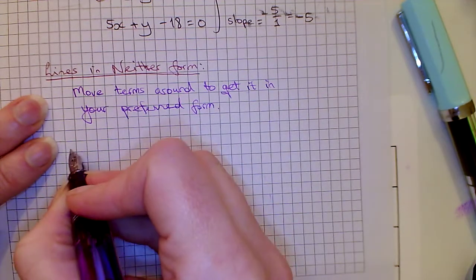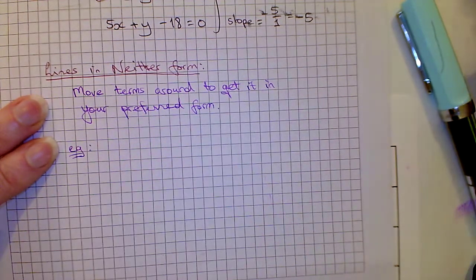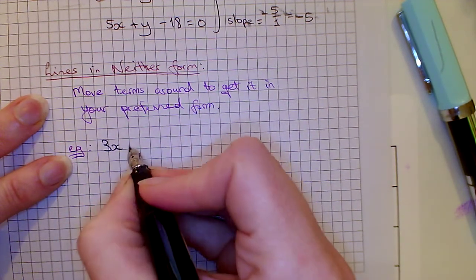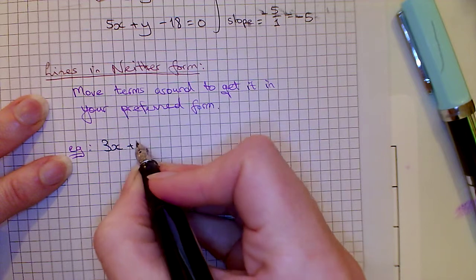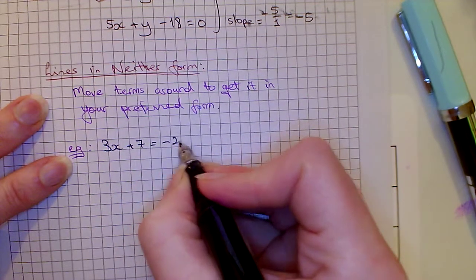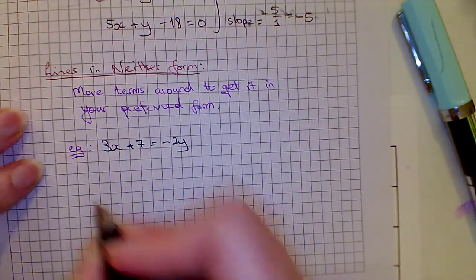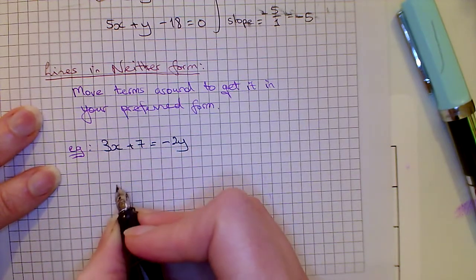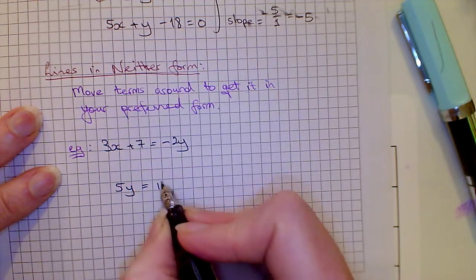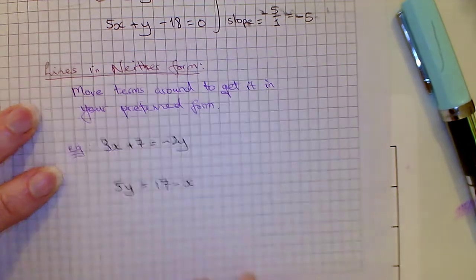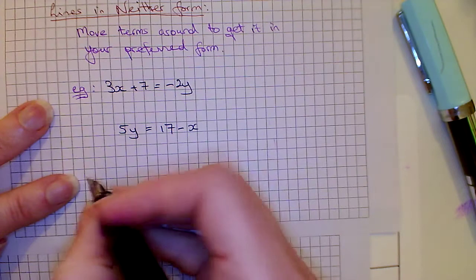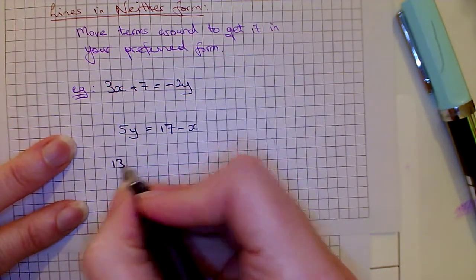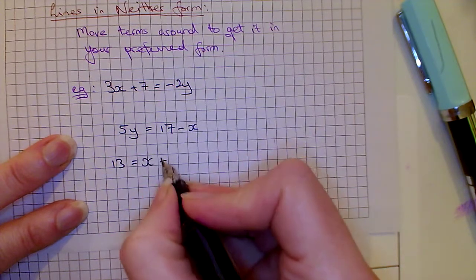Let's look at an example. So if we had something like 3x plus 7 equals minus 2y, or if we had 5y is equal to 17 minus x, or if we had 13 is equal to x plus y.